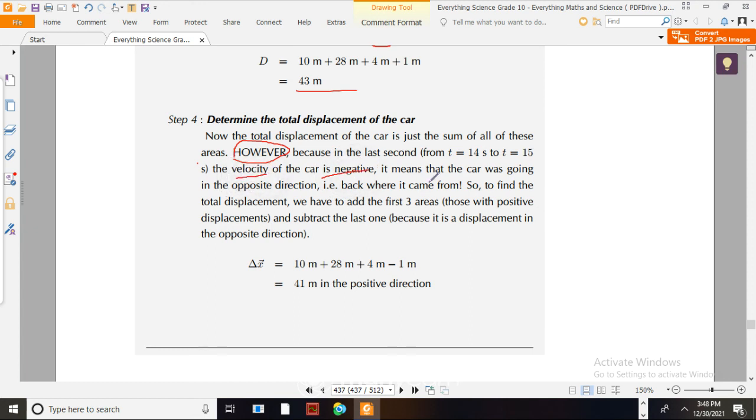It means that the car was going in the opposite direction, moving back to where it came from. So that means it has gone like this, and in the rest 1 second, it goes back like this.